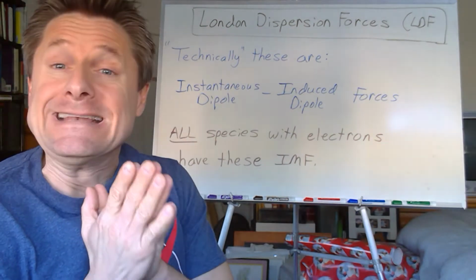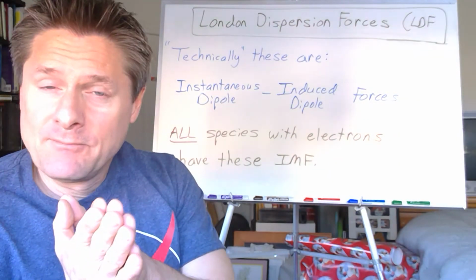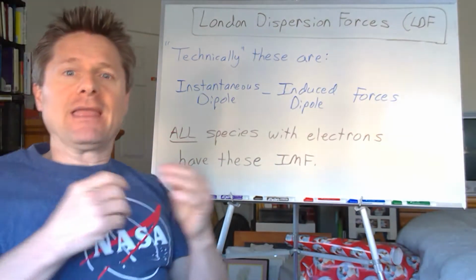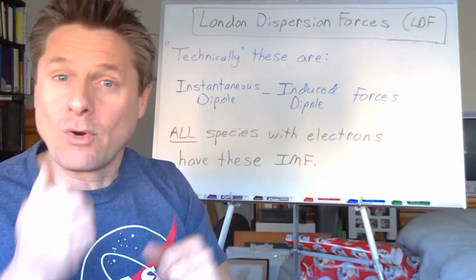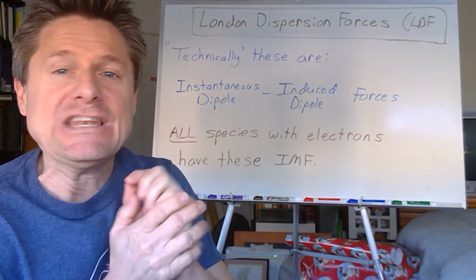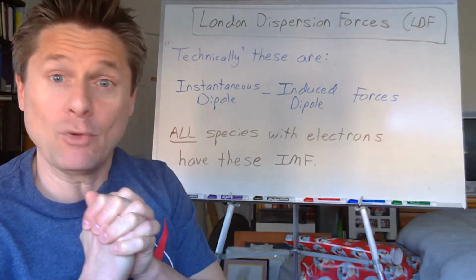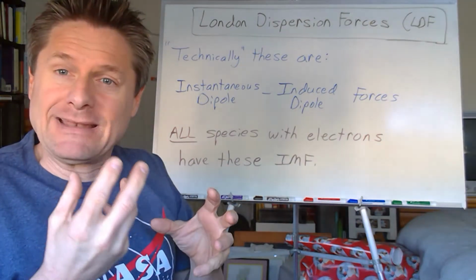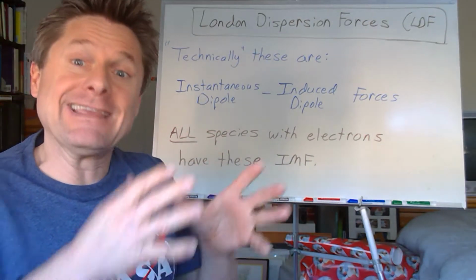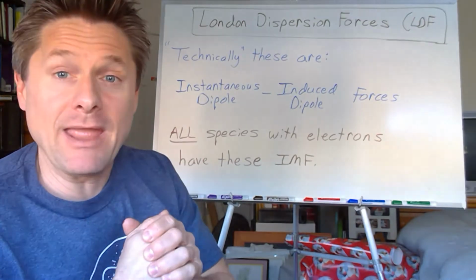And then the other term, induction, which we talked about. The process of having your electron cloud distorted by something else is induction. That's why you get that induced dipole term, ion-induced dipole, dipole-induced dipole. The permanent polar molecule or the ion is inducing a dipole on a nonpolar species.